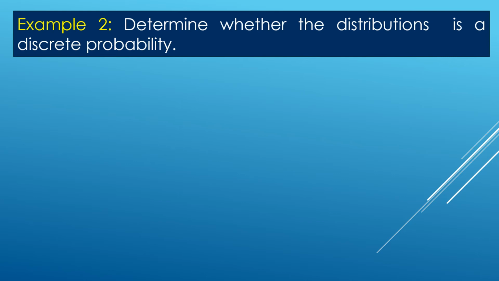Next, let us determine whether the distributions are discrete probability distributions. Remember that to determine whether a distribution is a discrete probability, we are going to check whether the two properties comply.